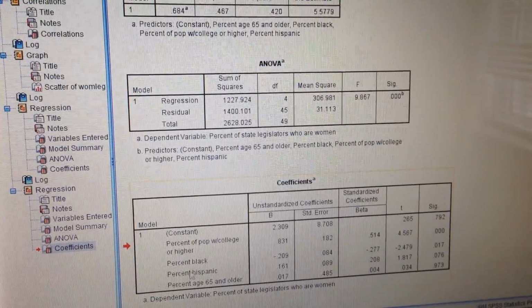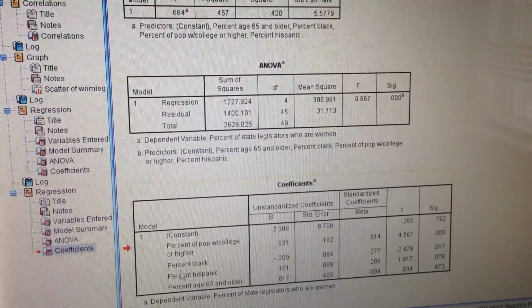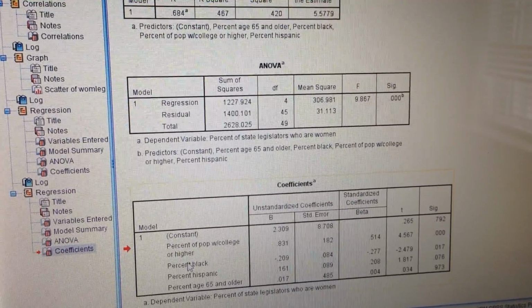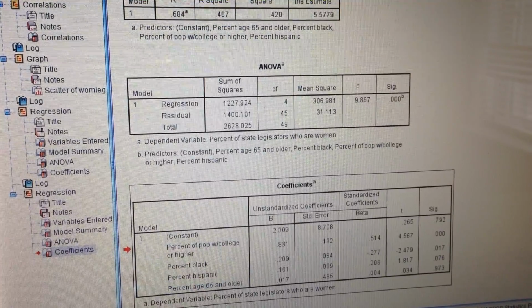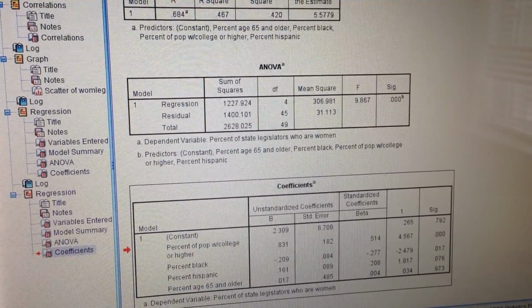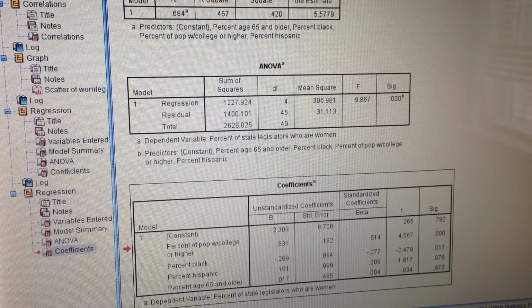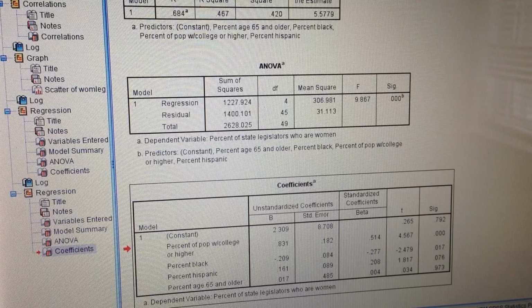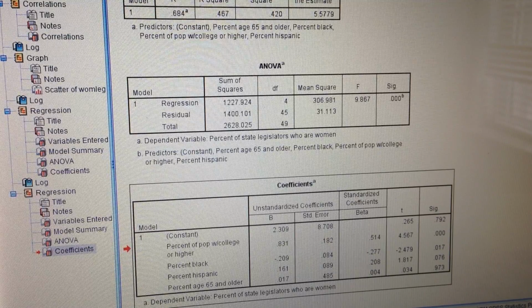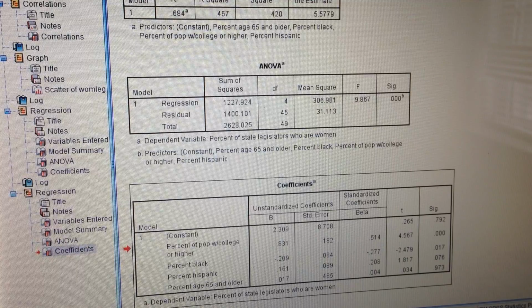That variable's not in our equation, so we're not testing for it. We're not controlling for it. Our regression model is only as good as the variables that we have in there. And if we are missing variables from a model, we are not going to be able to account for them. Therefore, our statistics are going to be limited.